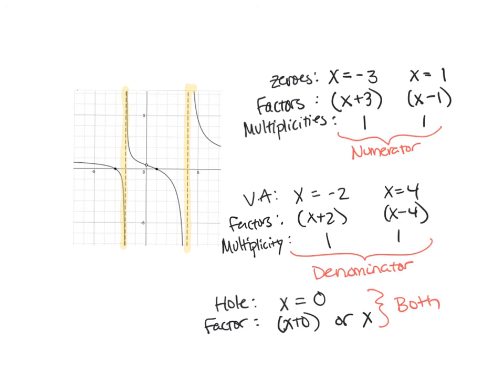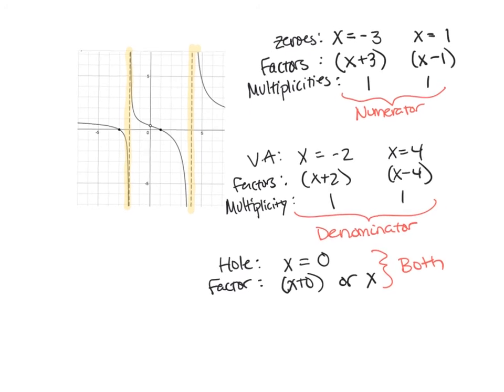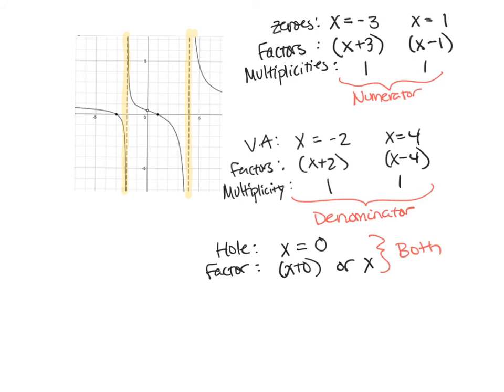That's where it's found. So when we write up our equation, it's going to look like r of x is equal to some a value times our hole, don't forget your hole, times x plus 3 times x minus 1, since those are our zeros or our x-intercepts, both having a multiplicity of 1, divided by x, since that's our hole, times x plus 2 times x minus 4.